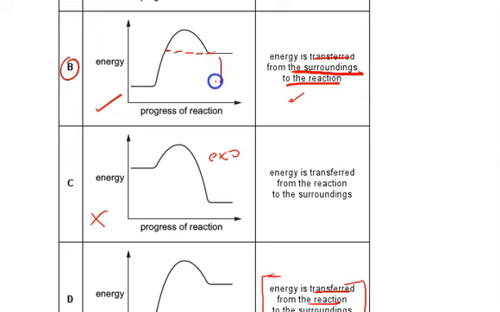The changes from the A to B, this is the heat absorbed, and the above here, this is the activation energy. So please don't forget that, students. So for number 13, the answer is B.